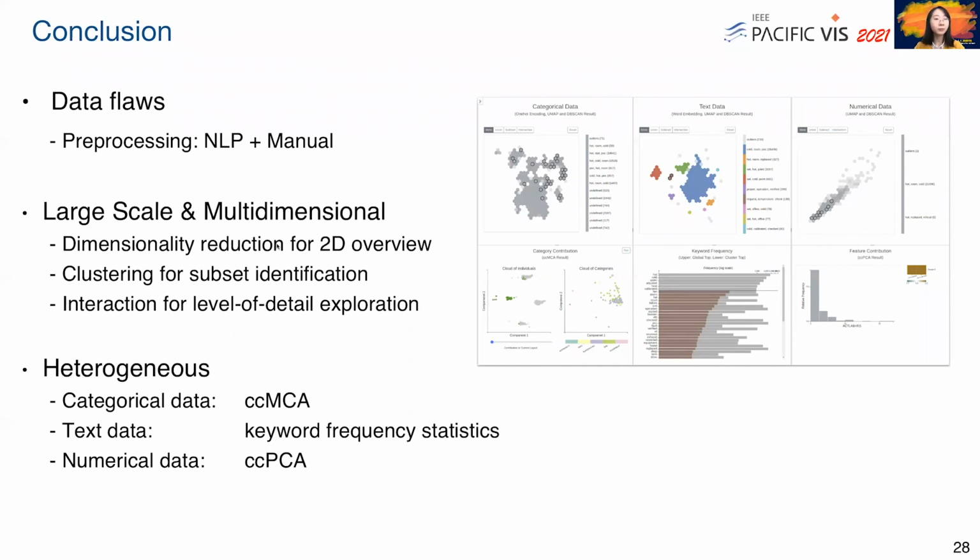At the same time, we design several interactions to support multiple levels of detailed exploration. Finally, for the heterogeneous nature of the dataset, we choose separate algorithms and visualizations for the three different types of data. In particular, we developed this new algorithm called CCMCA for the categorical data to support better understanding of the contribution of each feature to the separation of a selected cluster.